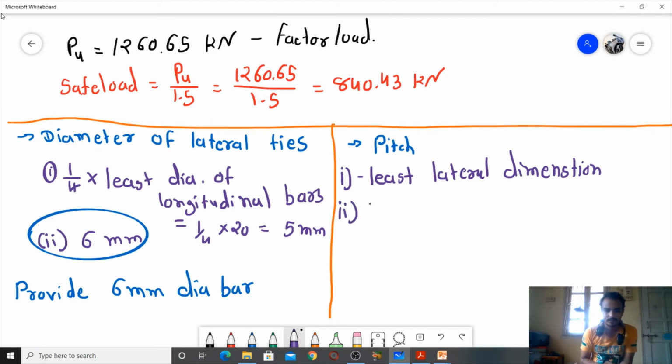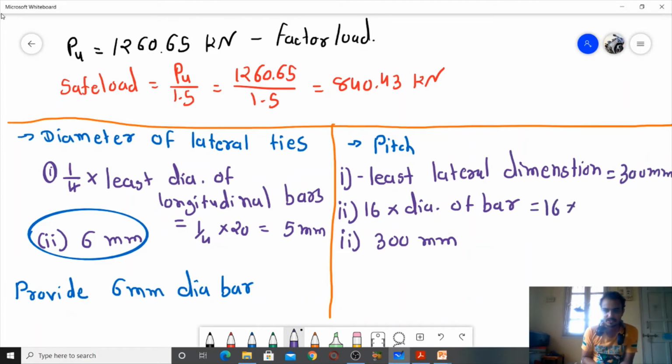Second, 16 into diameter of bar, and the third one is 300 mm. So the least lateral dimension of the column is 300 mm. And for the diameter of bar, 60 into 20 gives a value of 320 mm. So we can use the minimum value here.